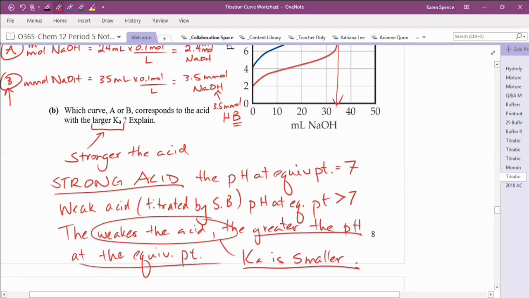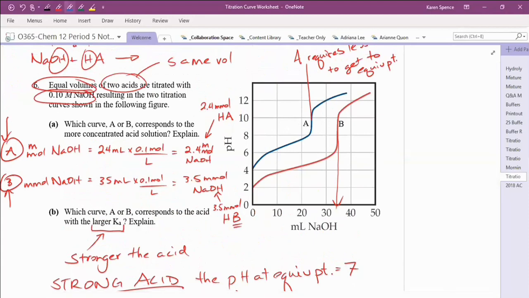So if we look up at our graphs, the pH at the equivalence point for A is about 9.1 or something like that. And for B, it is maybe about 8.2.